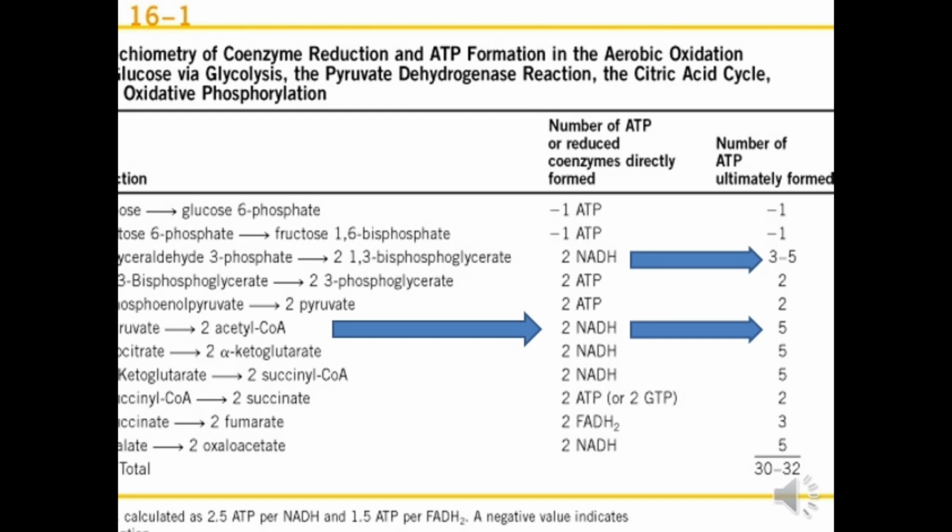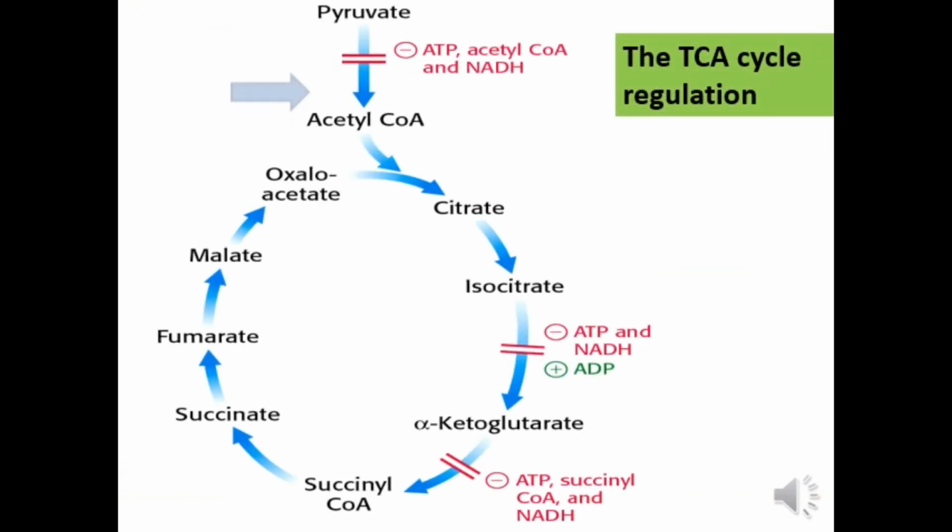Regulation of Krebs cycle. The reaction which converts pyruvate into acetyl-CoA is catalyzed by pyruvate dehydrogenase complex. This enzyme is inhibited by ATP, acetyl-CoA, and NADH. When we see a circle with negative, this means inhibition.